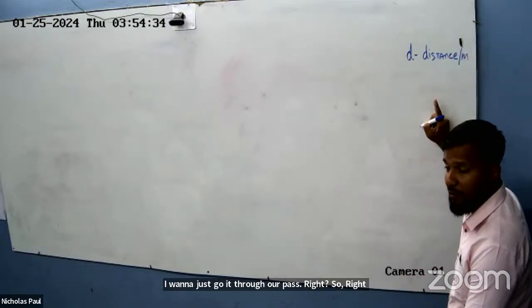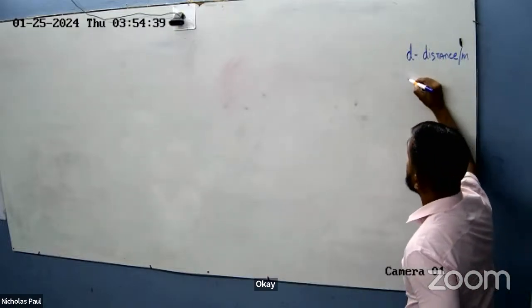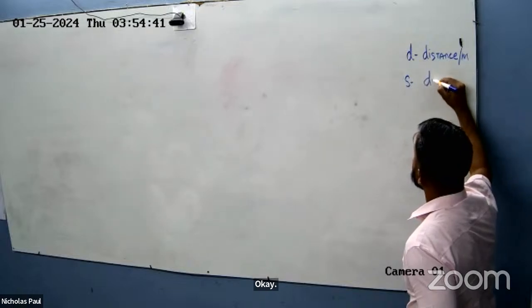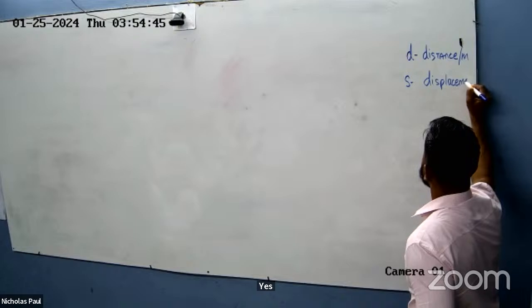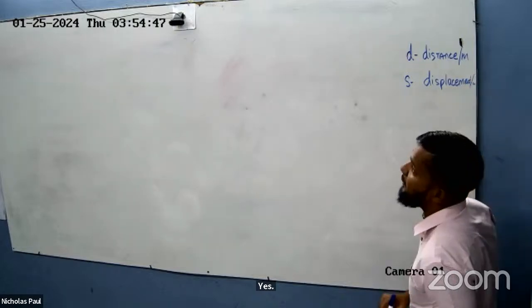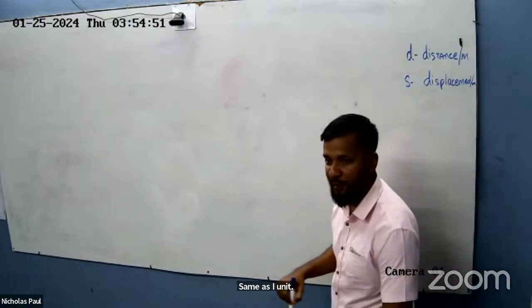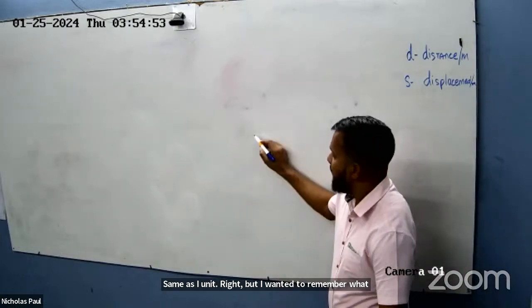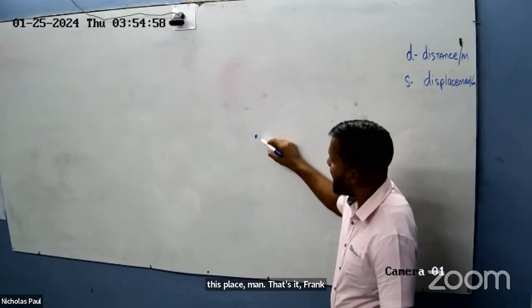Then you have S, and S is for displacement. Same SI unit. But I wanted to remember what displacement is. Everybody watch here, please. Let's say Frankie starts right here, then runs a little race.